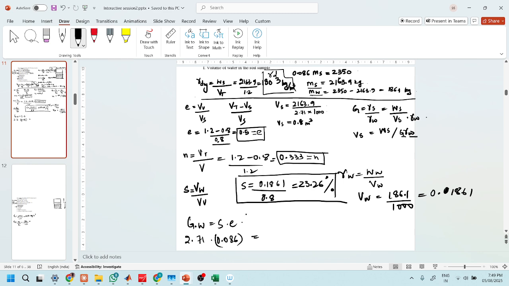S is unknown. Void ratio is 0.5. It comes around 46.61%.